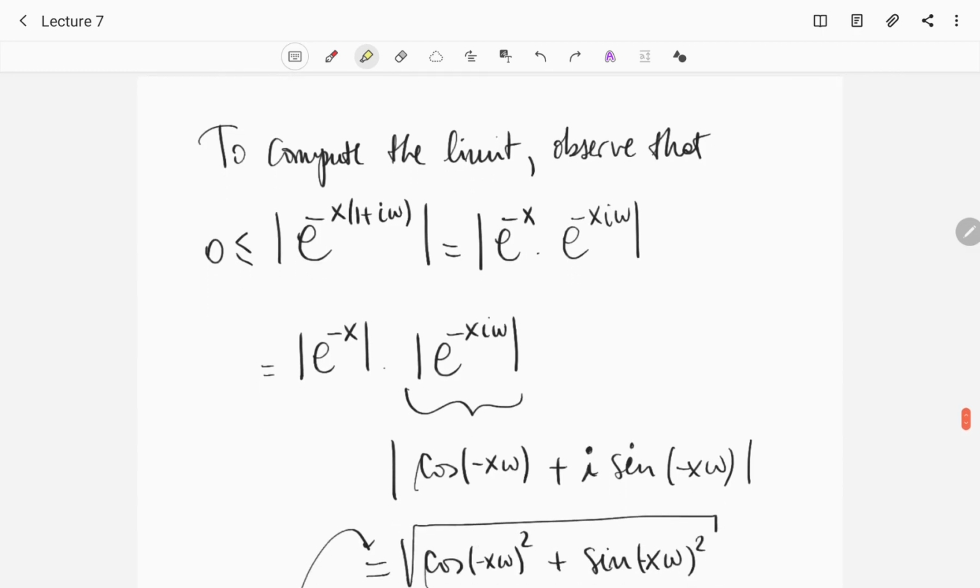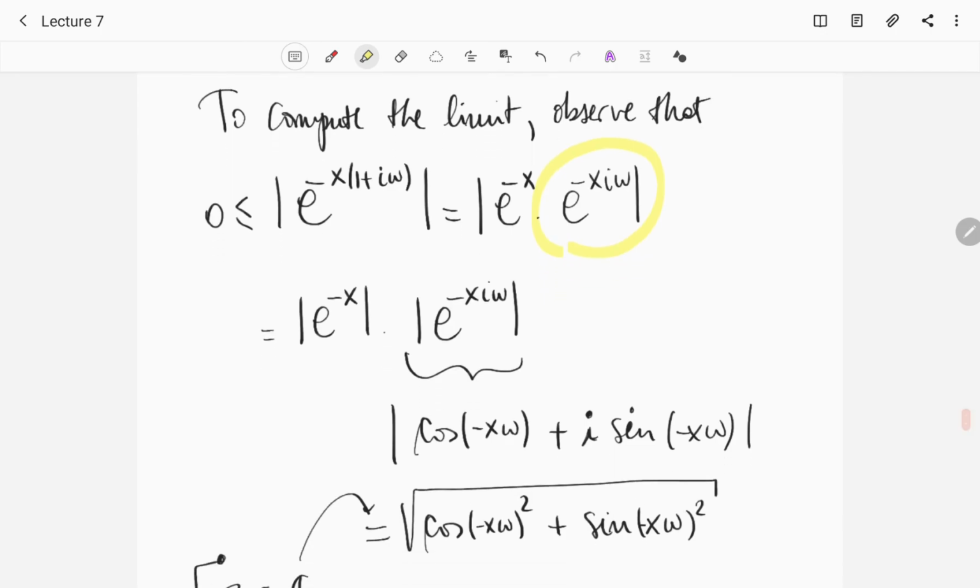To compute this limit, we first observe that we can take the absolute value of the function. Of course, the absolute value is always greater or equal than 0. And here we have this identity that we can again split this exponential. And this one, we are lucky because it has absolute value equal to 1. This is a complex number.